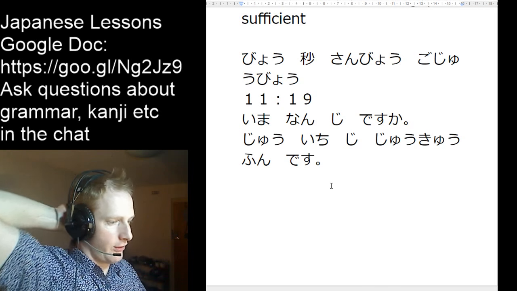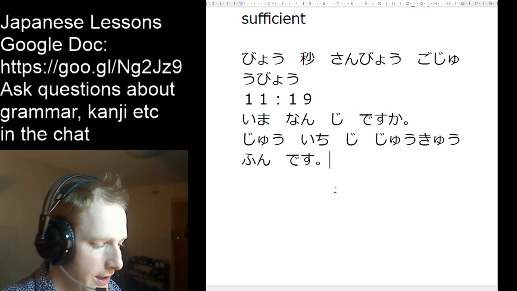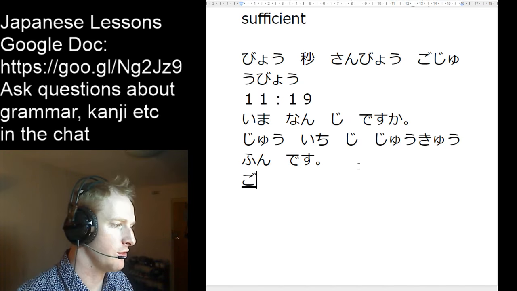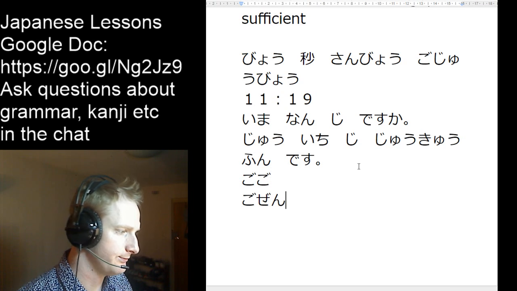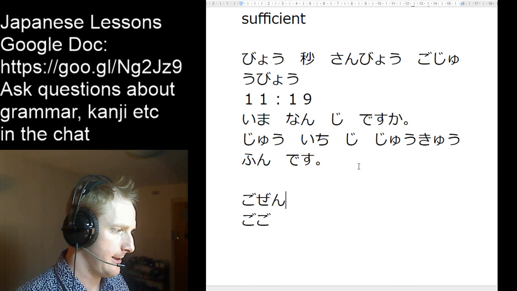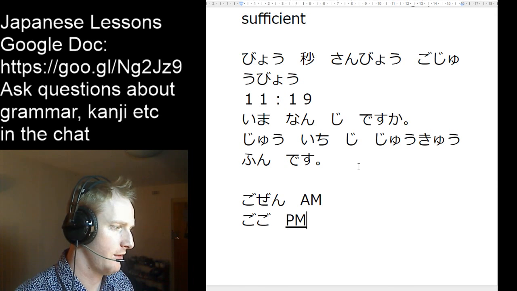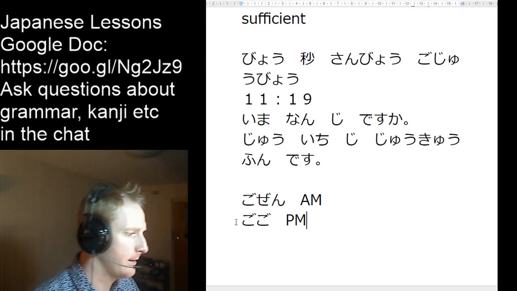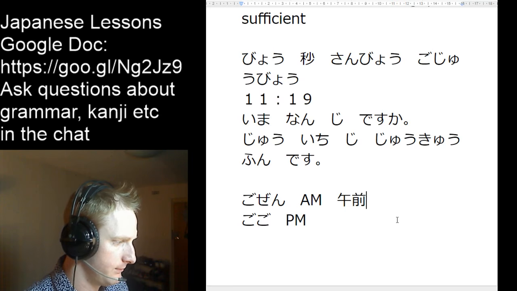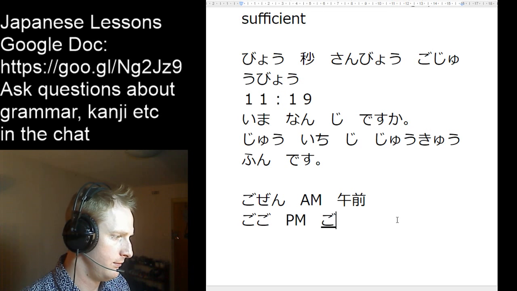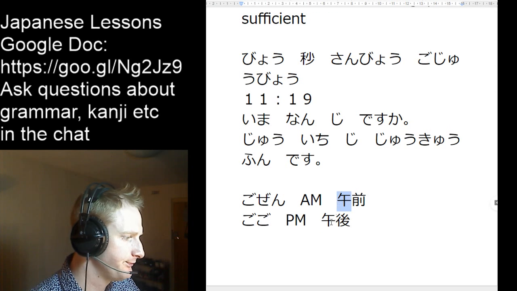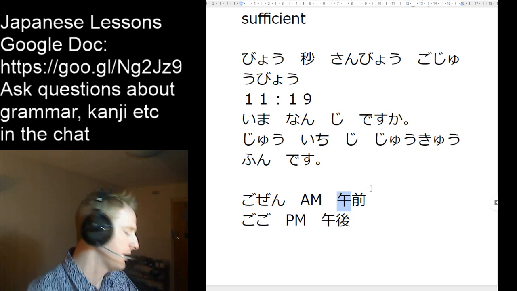Alright, so that's pretty much all you need to know for time. There are a few other words that are useful. So we've got gogo and gozen. Okay, I should probably put them around this way. So this is AM and this is PM. Now if we look at the kanji, we'll notice that we have the same kanji here, because this go kind of means midday.